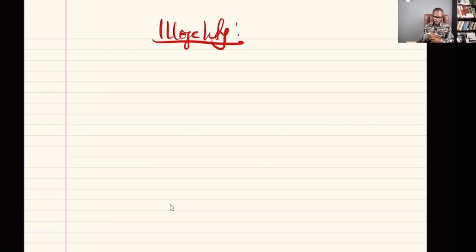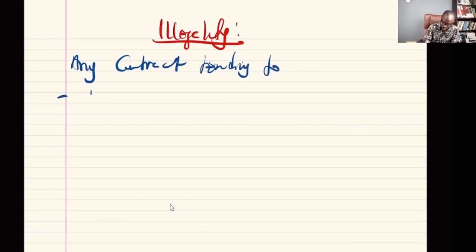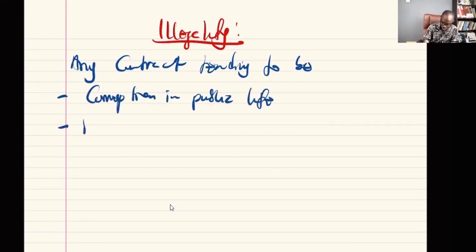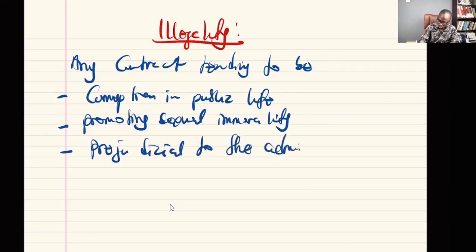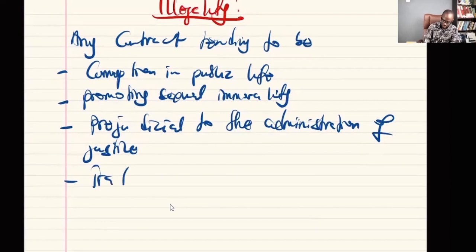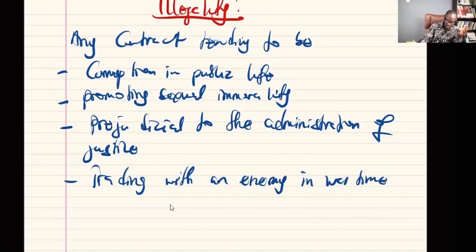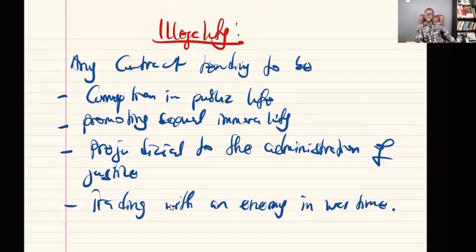Any contract tending to one, corruption in public life, two, promoting sexual immorality, three, prejudicial to the administration of justice, or trading with an enemy in wartime. These are all referred to as illegal transactions.